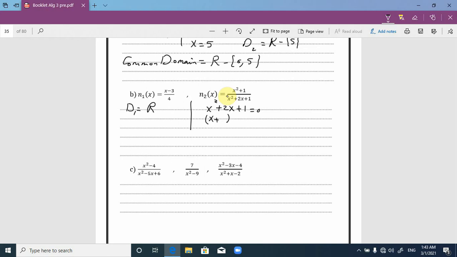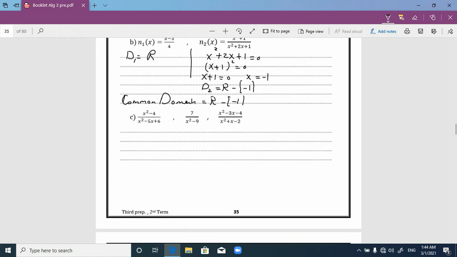It will be x plus 1 all power 2 equals 0. So taking the inside of the bracket equals 0, x plus 1 equals 0, so x equals negative 1. So d2 equals R minus {negative 1}. So the common domain of these two fraction functions is R minus {negative 1}.